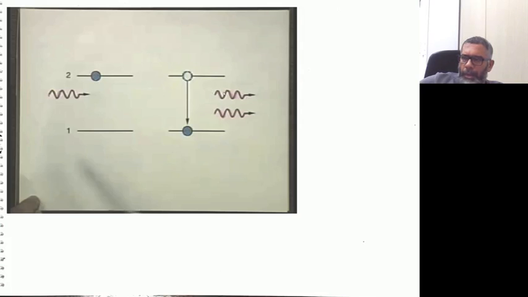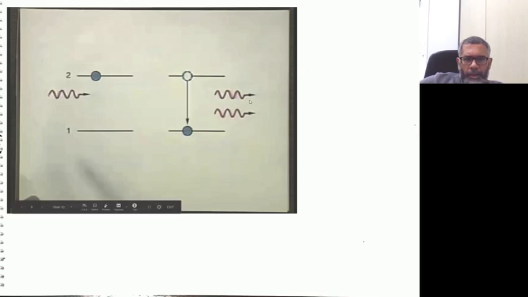It will produce a second photon. So you send a photon to an excited atom, you get two photons and a ground state atom. You start with an excited atom, you're left with a ground state atom. You started with a single photon, you end up with two photons.